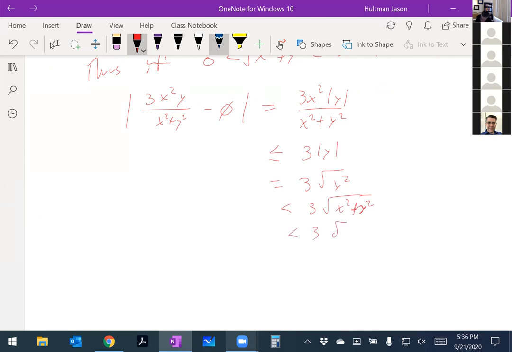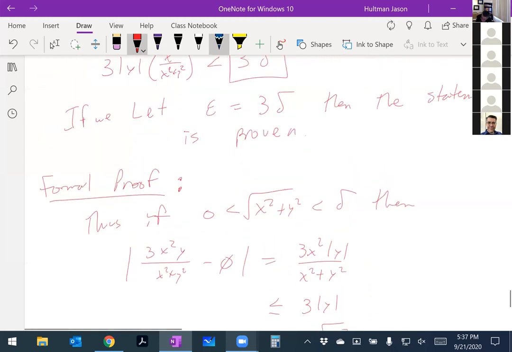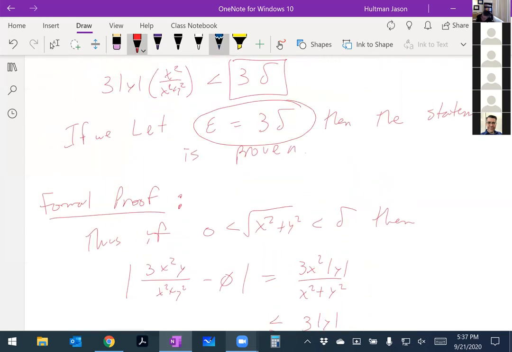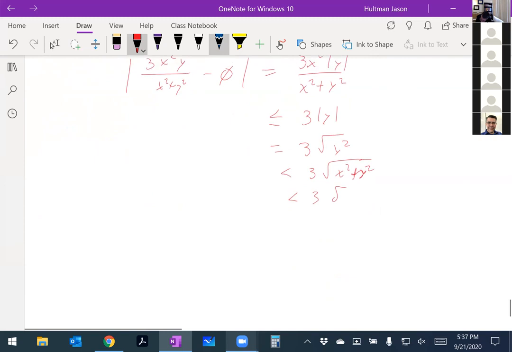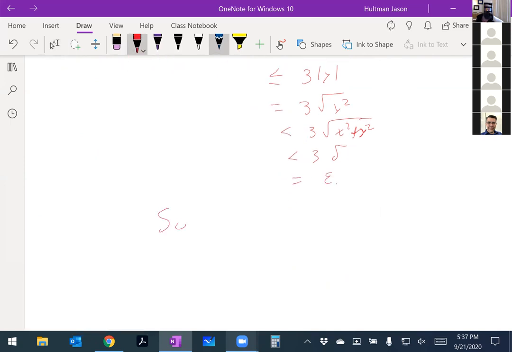And what did we say 3 delta was? 3 delta was epsilon, which is equal to epsilon. Okay, so what?